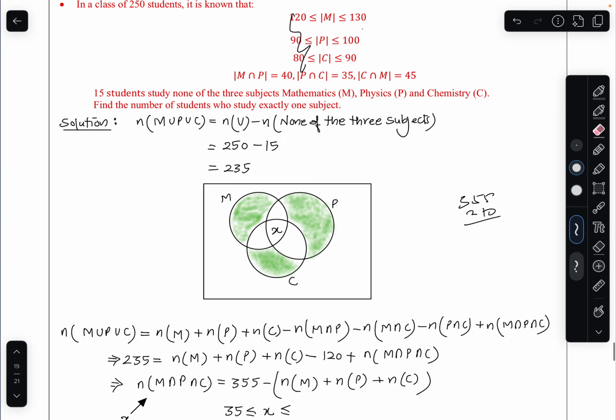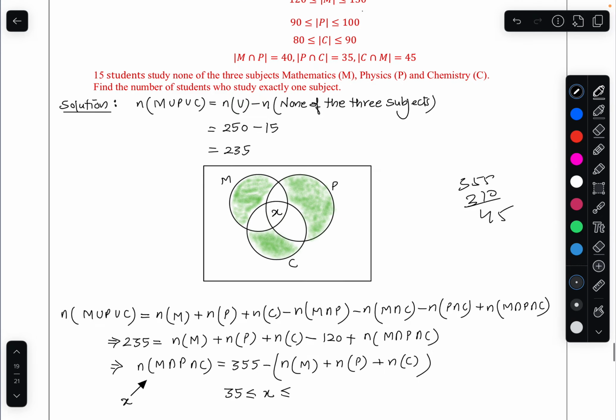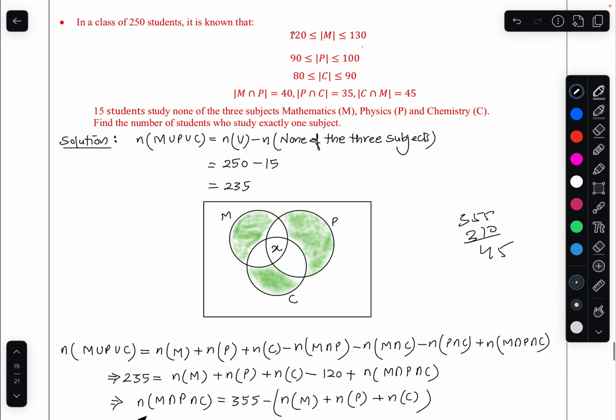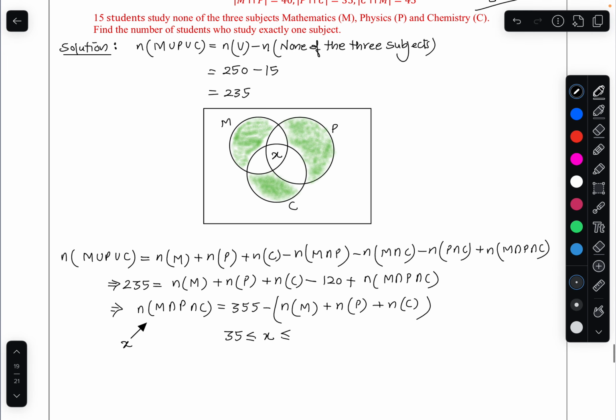Wait, that's 310. So that would be 45. 120 plus 90 plus 80, okay, it's 290. So we have 65 here. So X is supposed to be greater than or equal to 35, but less than or equal to 65.